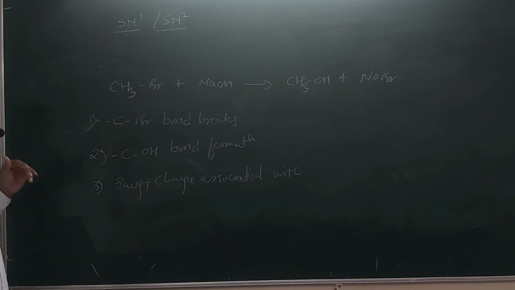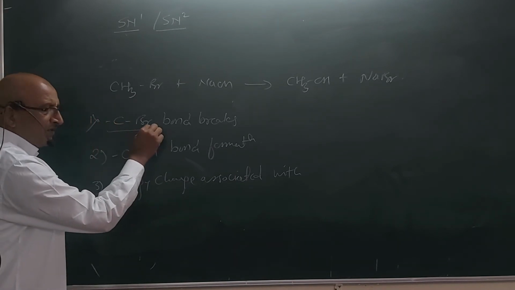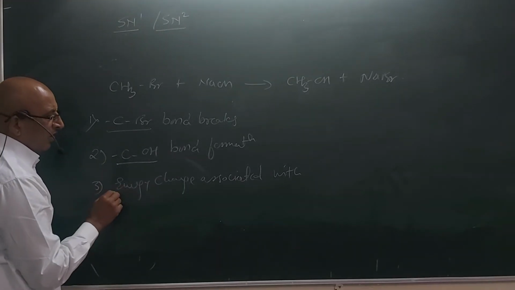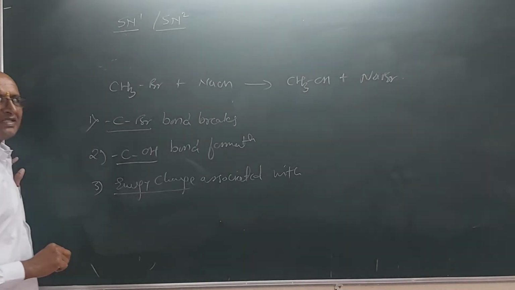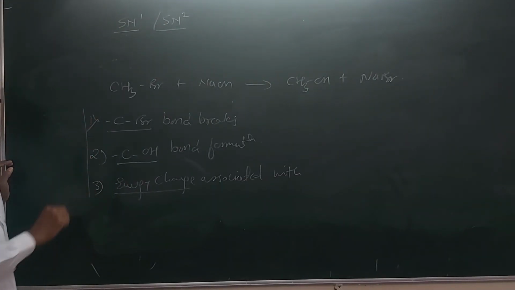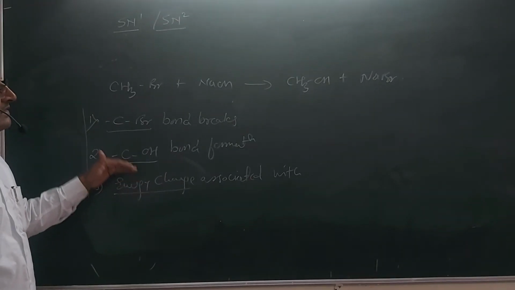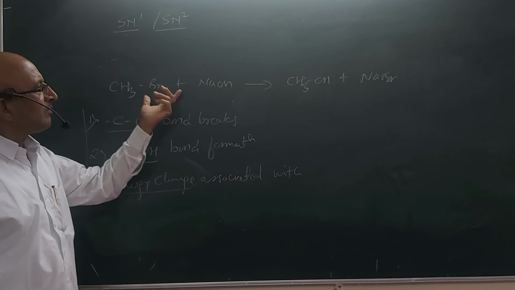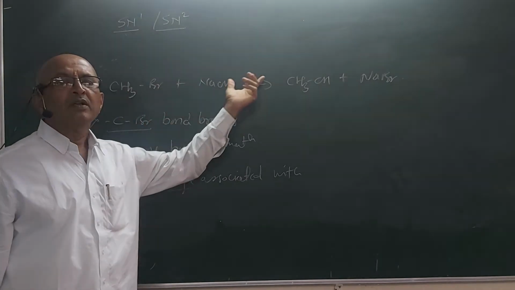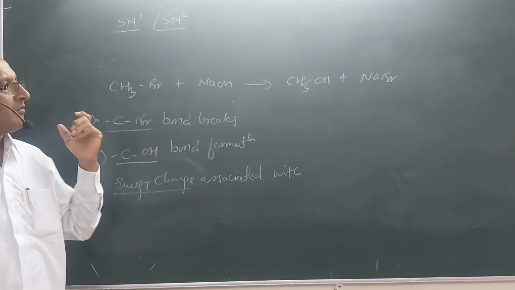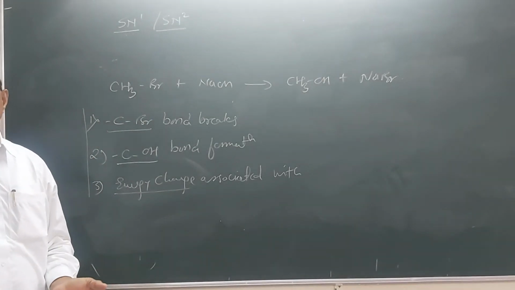How can we say whether the C-Br bond breaks first or whether the C-OH bond forms first, and what is the energy change taking place in the reaction? So in detail we want to deal with all these three things, get the answers, and study how this bond breaking and bond formation process takes place in this reaction, and that is nothing but your mechanism.